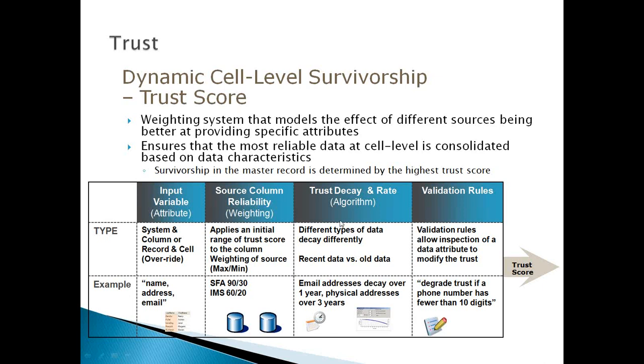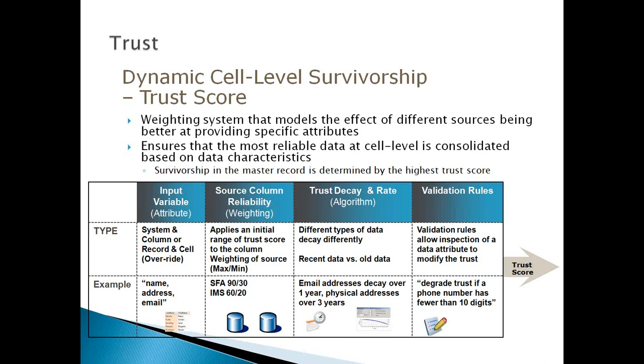And finally, we have a validation rule. The validation rule is basically used to downgrade the trust. Here it is mentioned: downgrade trust if a phone number has fewer than 10 digits.